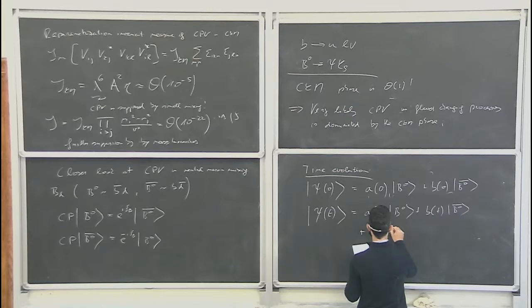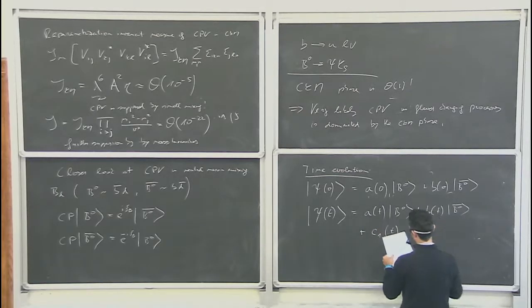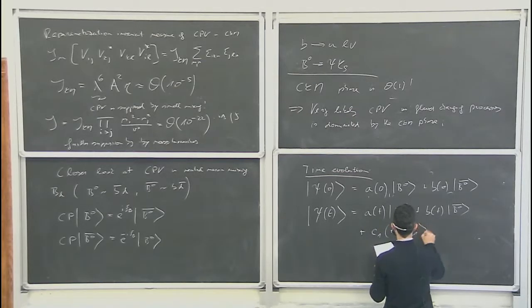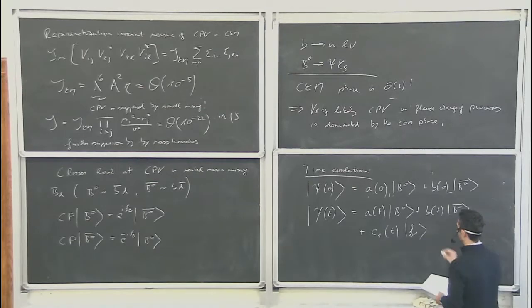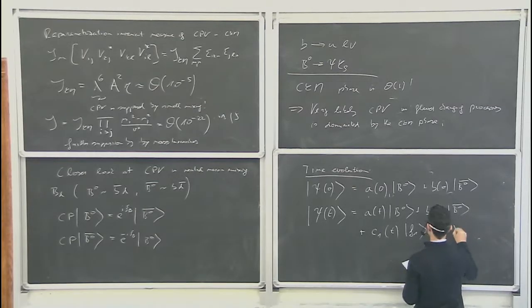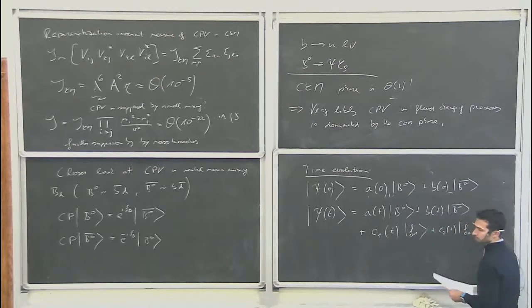So this will be parameterized by, for example, C1 of t times some decay final state F1 plus C2 of t times the final state F2, and so forth.